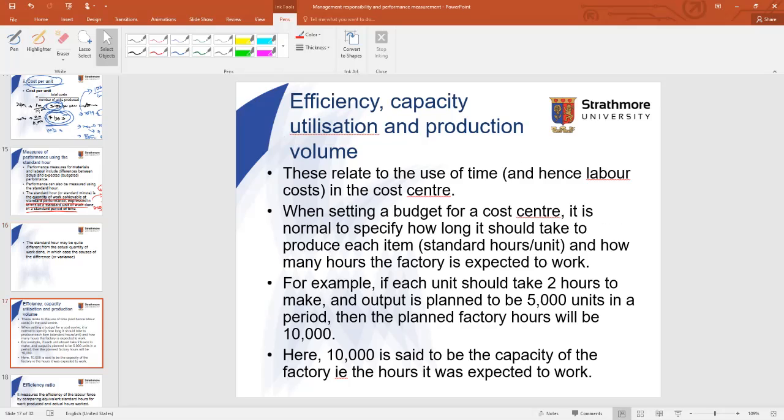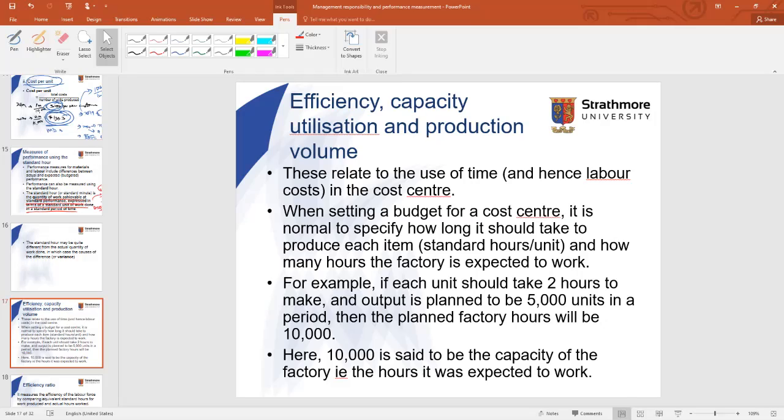In the case of capacity utilization, what you have to check is this: if the standard hours to make 1 unit are, let's say, 2 hours, and you were to make, let's say, 10,000 units, then how many hours do we anticipate these units should be consuming? It's a simple multiplication.